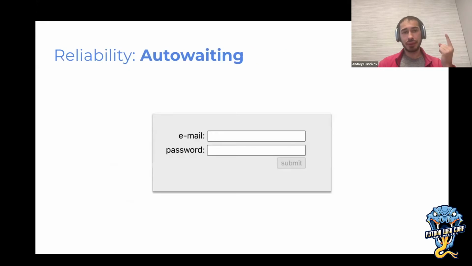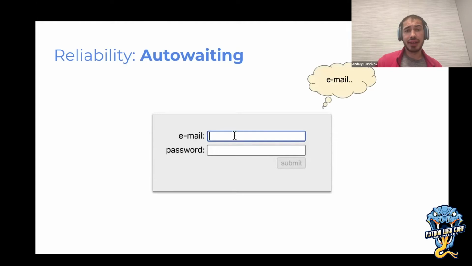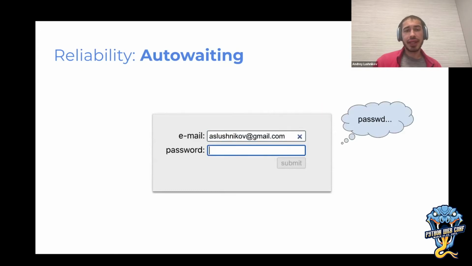Second one, reliable. For reliable, I want to expand and tell you about auto-waiting. For this, we have a small example of a web form. Let's say I have this email and password login form, and I want to fill it in with Playwright. So I can say, hey Playwright, fill in my email here, and it will type in my email. Then you say, put in my password here, and it will put in the password.